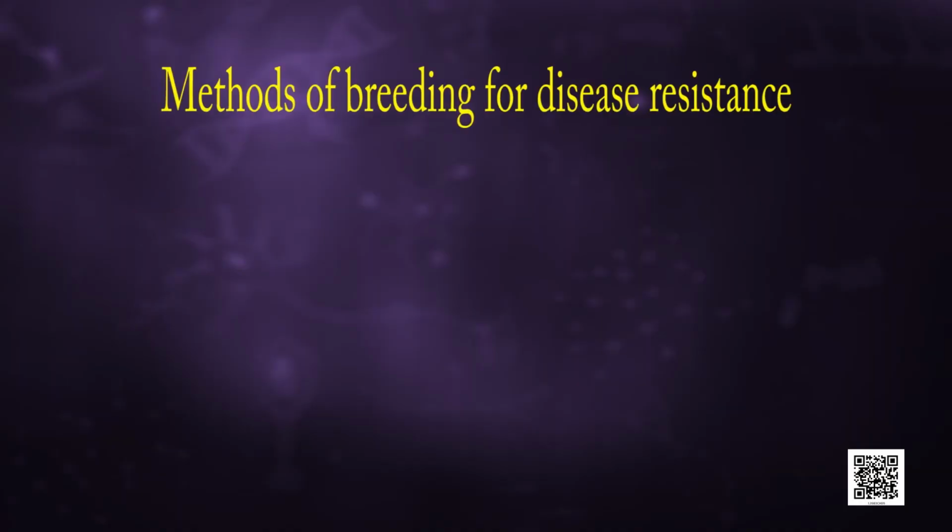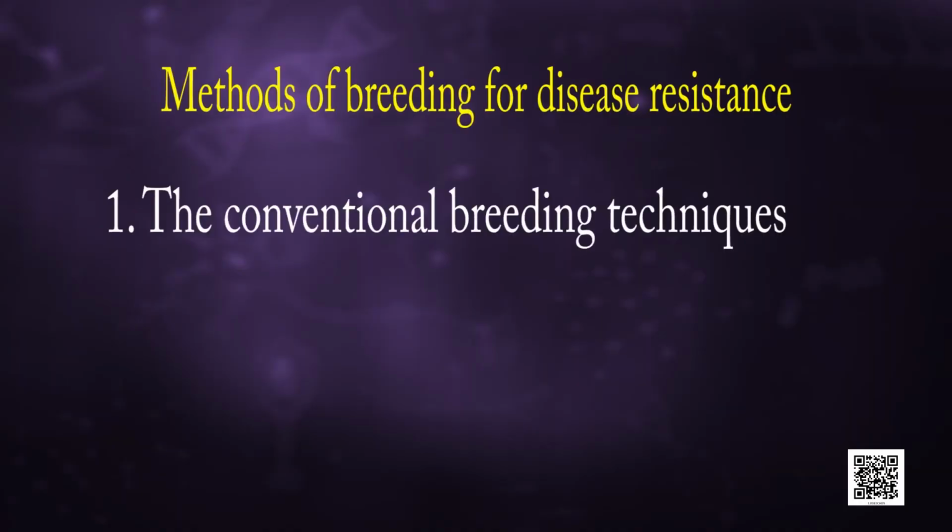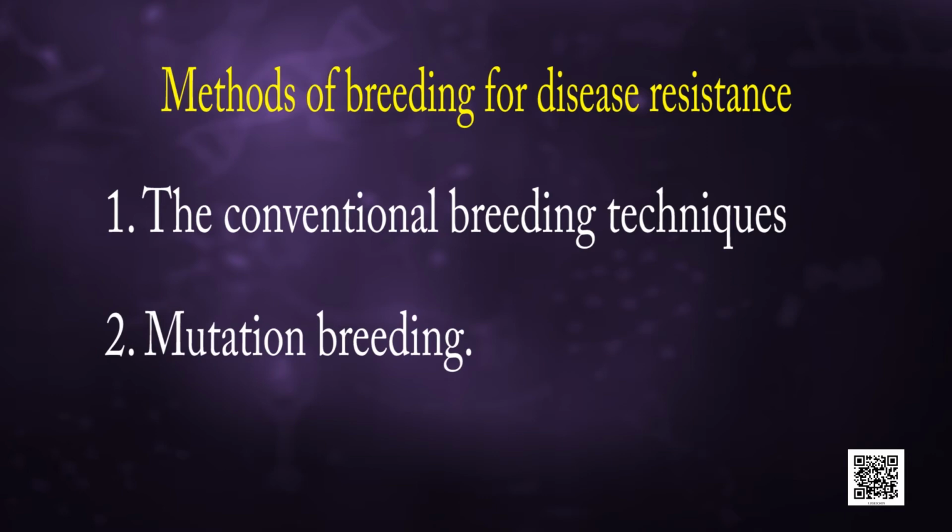Breeding can be carried out by either the conventional breeding technique or by mutation breeding. Now we will discuss them separately. First, the conventional method of breeding for disease resistance is that of hybridization and selection. The steps are essentially identical to those for breeding for any other agronomic character such as high yield.